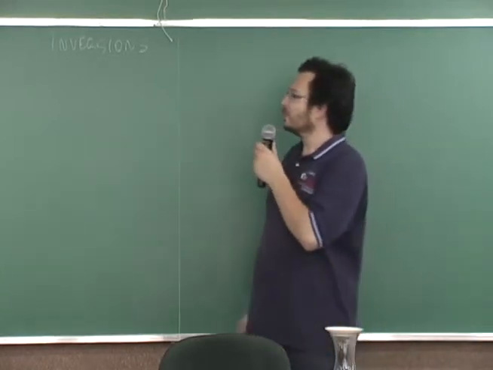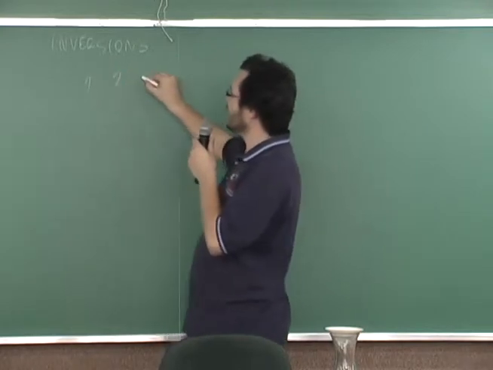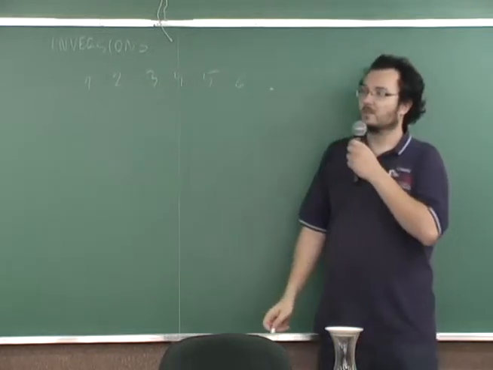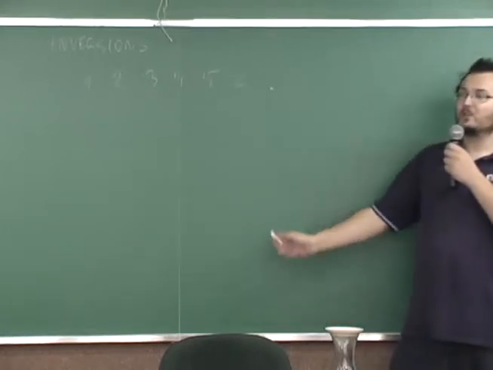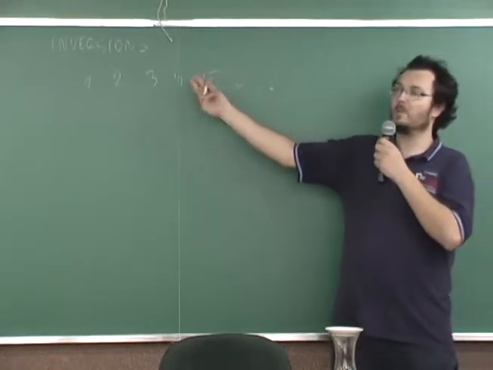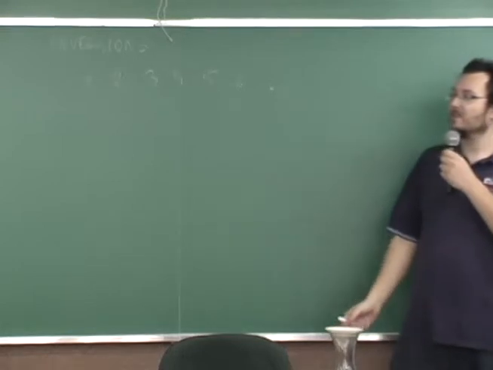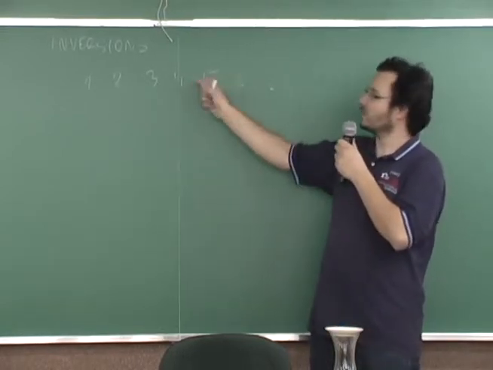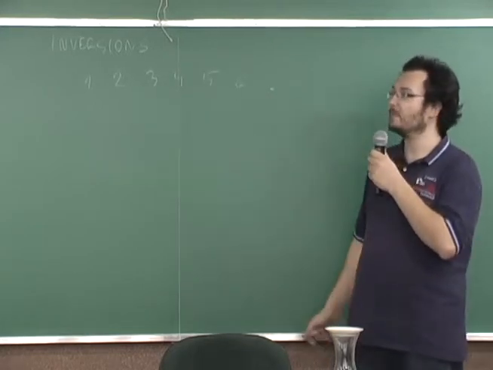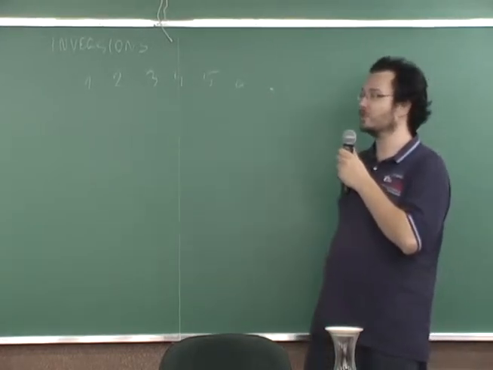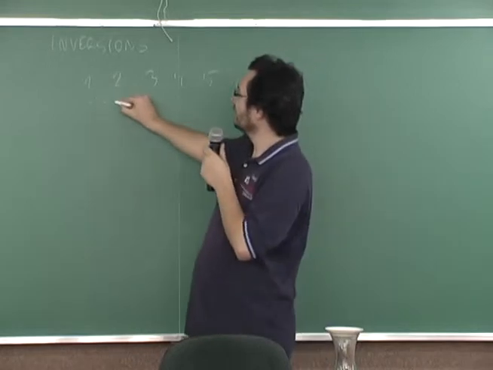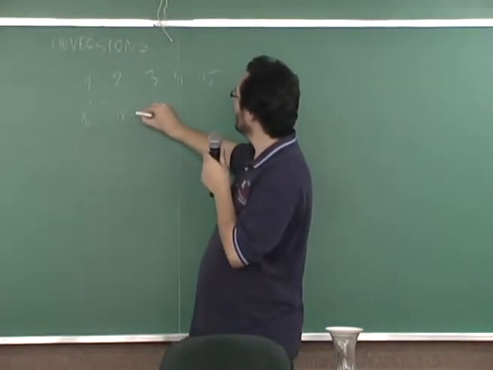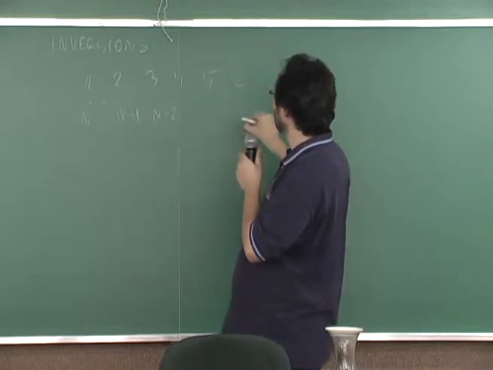The trick is to realize if we start with a sorted permutation, we get 0 inversions, and now each time we swap 2 of the numbers, this produces an inversion. So we can go swapping the numbers to produce more and more inversions until we get to the sequence that is sorted in the other direction, n, n minus 1, n minus 2, and so on.